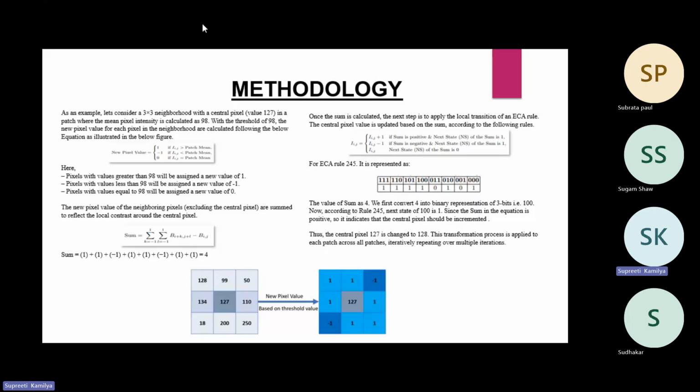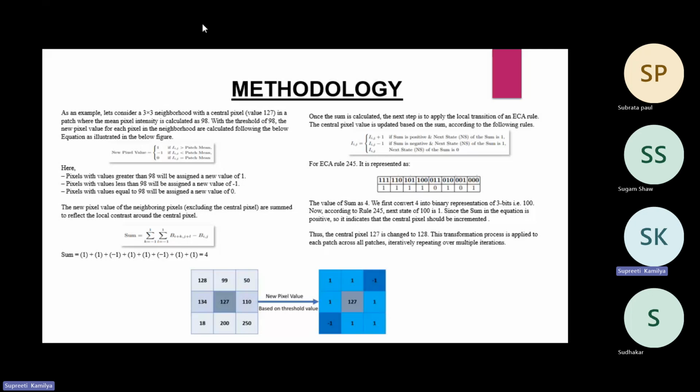So if it is 127, then it becomes 128. If the sum is negative and the next state of the sum is 1, then the central pixel value is decremented. And if it is 0, then it remains the same. This is how we have tried to accommodate this algorithm to denoise images.